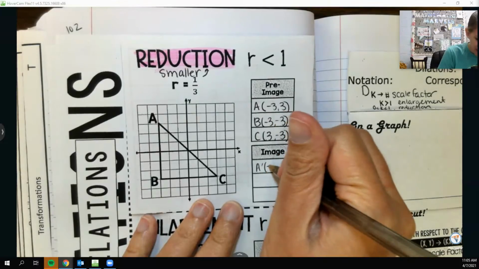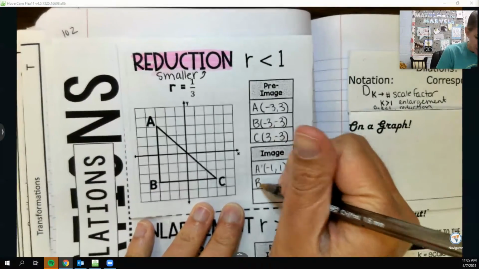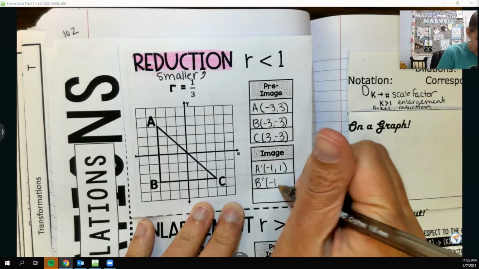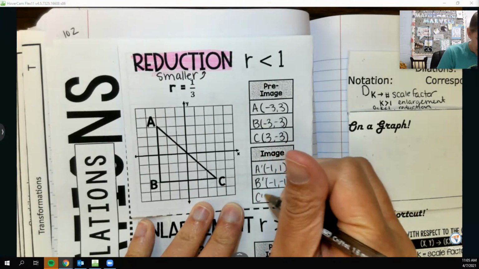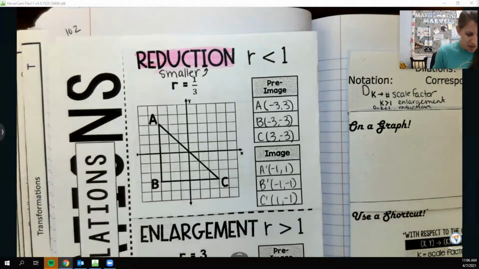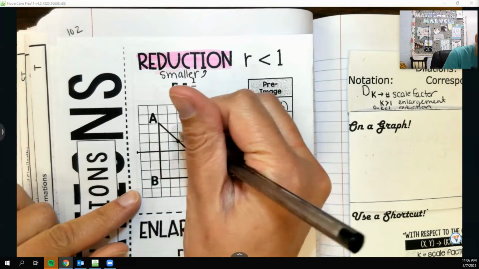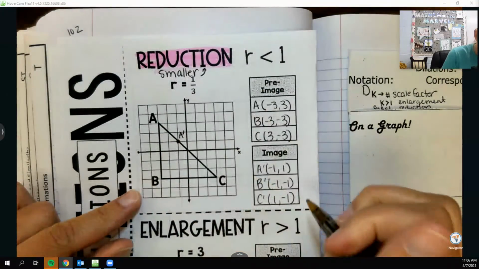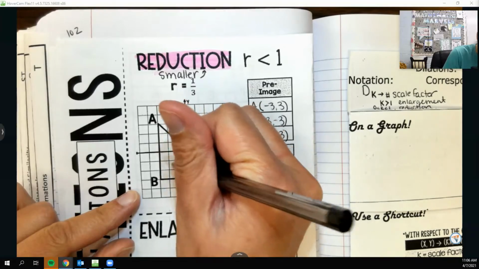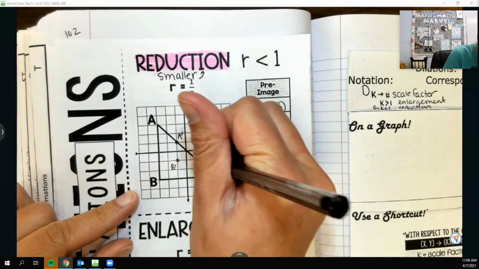A prime will be at -1, 1, because a third of 3 is 1. B prime will be at -1, -1, and C prime will be at 1, -1. So everything just shrinks in. So A prime is at -1, 1, B prime is at -1, -1, and C prime is at 1, -1. So hopefully that makes sense to you.